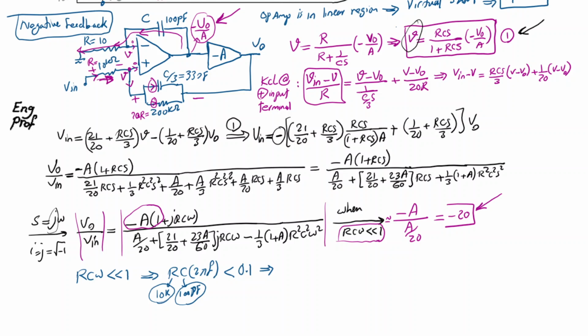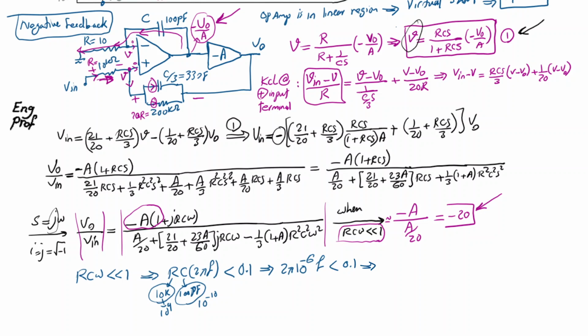So what we get is 10 to the negative 10 and 10 to the 4, and hence we get 2 pi times 10 to the negative 6. 100 picofarad is 10 to the negative 10, and this one is just 10 to the 4, so it gives us 10 to the negative 6, times f, which should be less than 0.1.